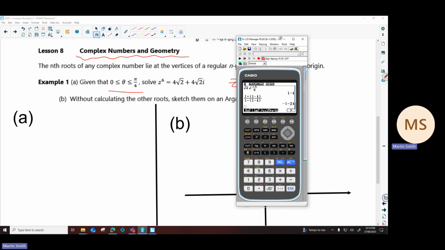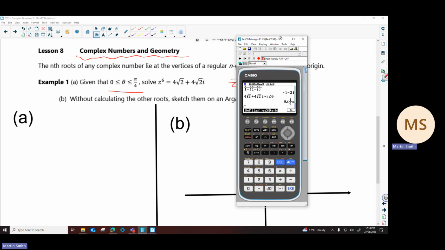So this complex number, 4 root 2 plus 4 root 2 times i, if you convert it into r theta form, you get that. And so this is a complex number whose modulus is 8 and argument is 1/4 pi.